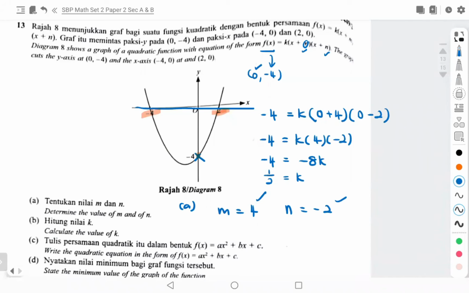We use the quadratic equation, set it equal to zero, then factorize: (x + 4)(x - 2), then we get x = -4, x = 2. That's why when you want to find back the values in the brackets, you have to reverse. So k equals 1/2 is the answer for B.